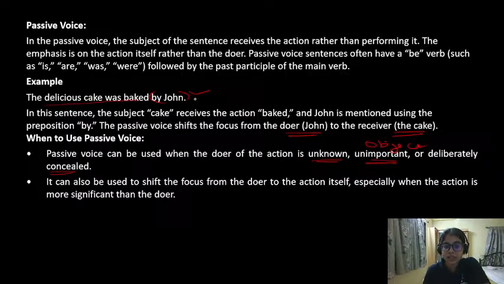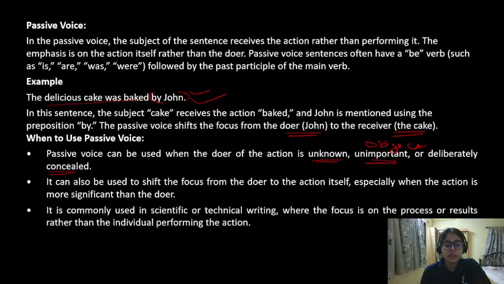So see, as you can see from the two sentences and the stark difference, the first sentence focused on John, John baked a delicious cake, so the focus is on John, whereas in the second one the focus is not on John at all, it's on the cake and how the cake was baked. Last, it is commonly used in scientific or technical writing.